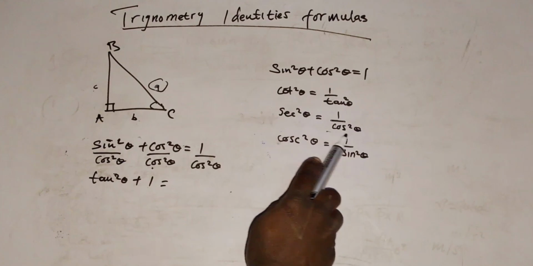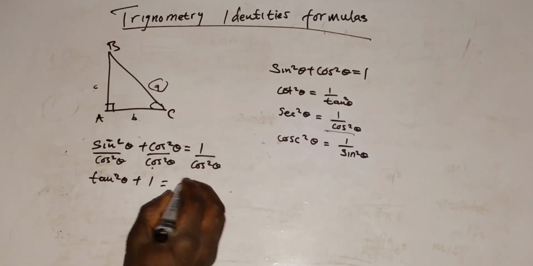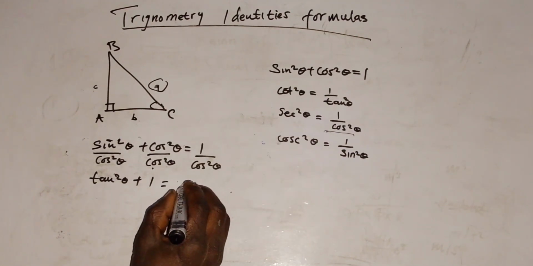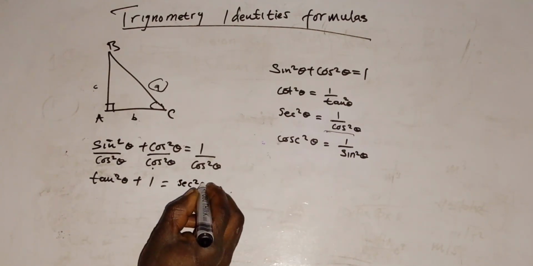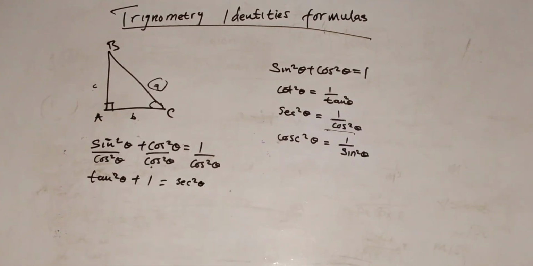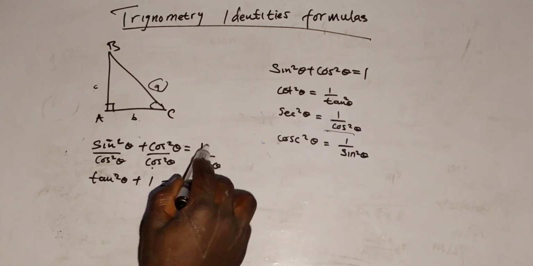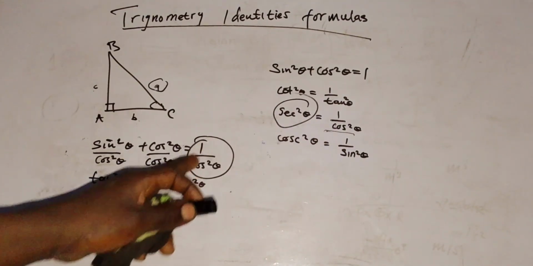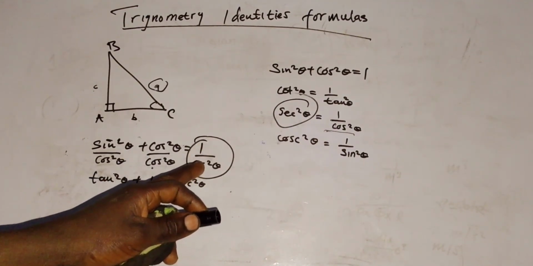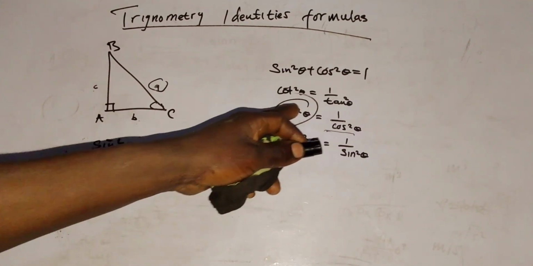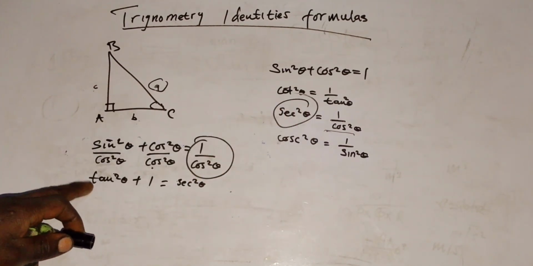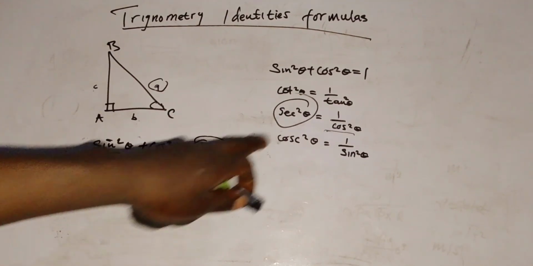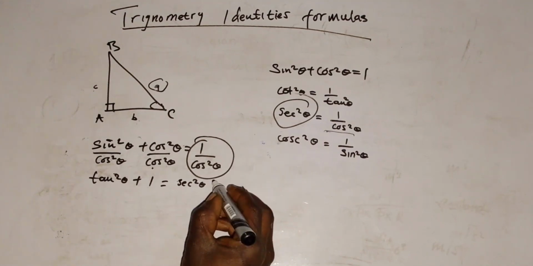This is the identity which comes out from this formula, which is sec squared theta. You can see this equation corresponds with this one here. So where there's 1 over cos squared theta, you substitute it with sec squared theta, which means tan squared theta plus 1 equals sec squared theta. We have generated one formula here.